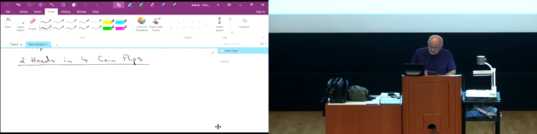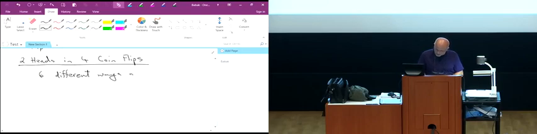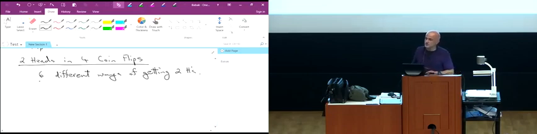So you're saying how many different ways I can get two heads? So 6 different ways of getting two heads. Okay? So what is the probability of each of those?